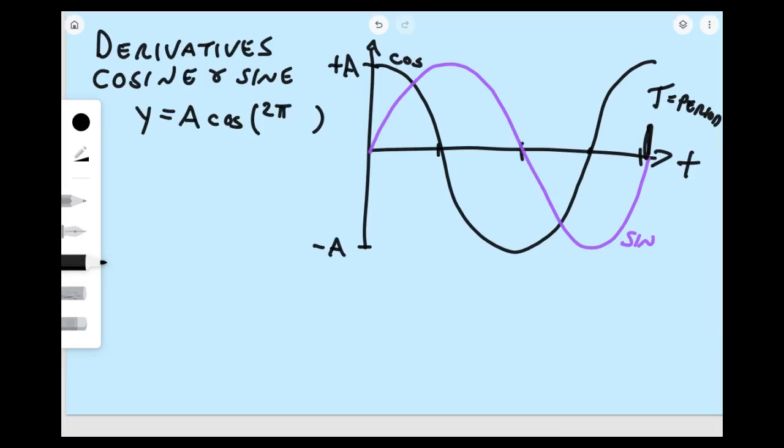So it's 2 pi divided by capital T times time.